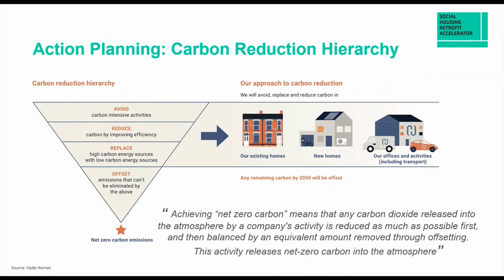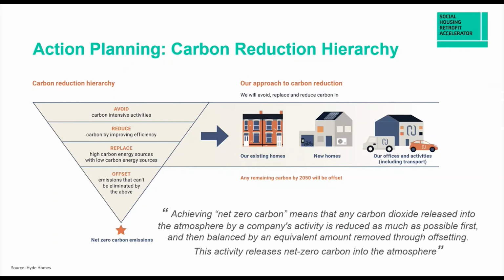Here is an example from Hyde Homes, a housing association in London and South East, and it shows how the net zero definition has been made use of in the climate strategy. You might have heard of the waste minimization hierarchy: reduce, reuse, repair, recycle. That's the same principle that is used for carbon and energy management.